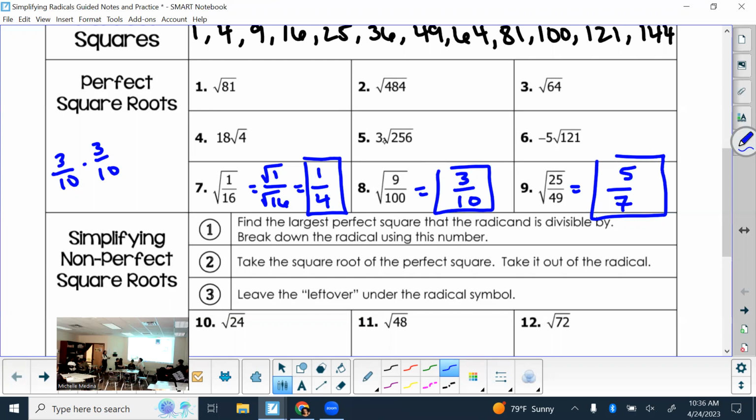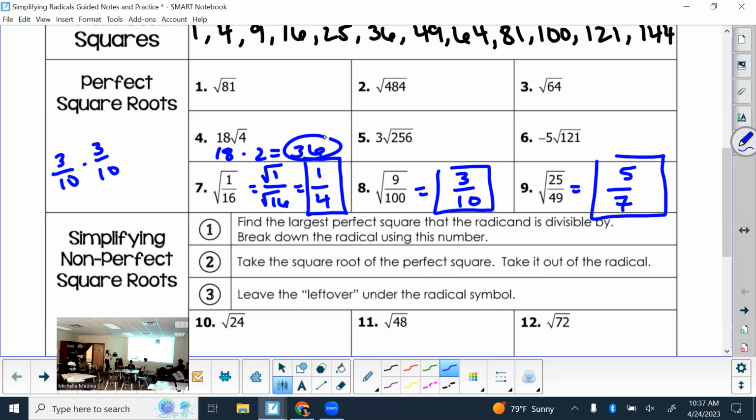So if you see it written together like that, it's technically times each other. They don't put the multiplication sign there, but that's what they mean. This isn't an index, it's not the little number times that. What's the square root of 4? 2, and then 18 times 2 is 36. So that's how you would do those if you need to, but moving on.